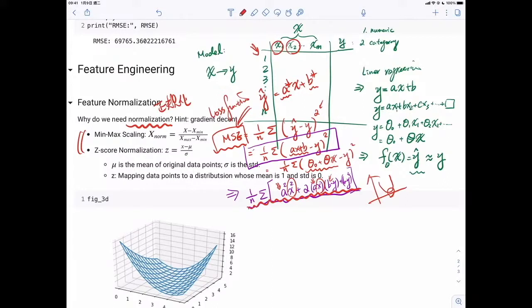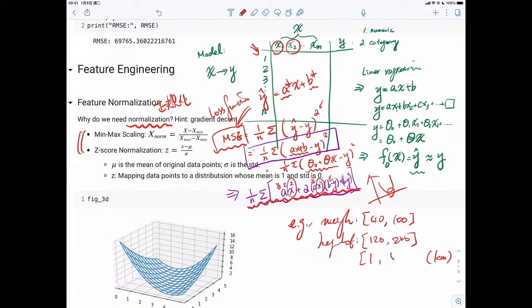For example, your weight may be between 40 kilograms and maybe 100 kilograms, so you have a range of 40 to 100. But how about your height? Maybe 120 centimeters to 200. How about the distance? Maybe 1 kilometer to 500 kilometers.